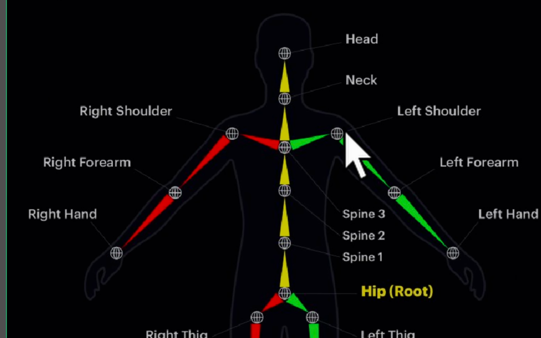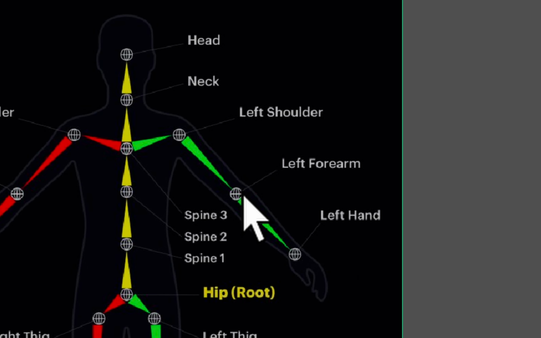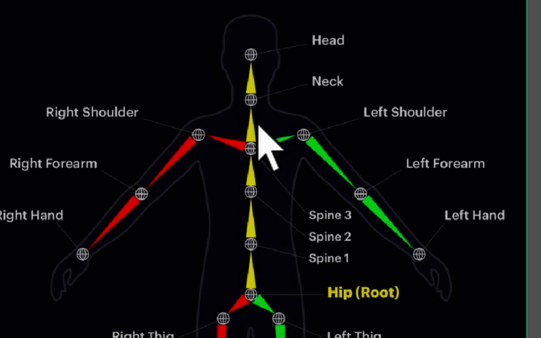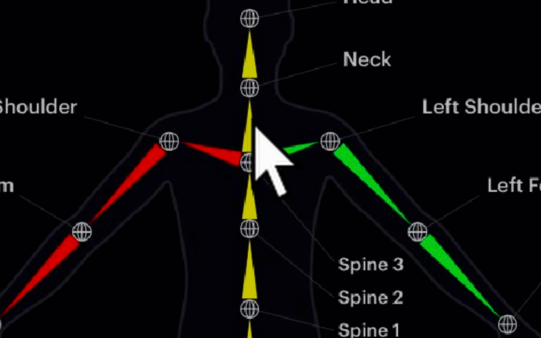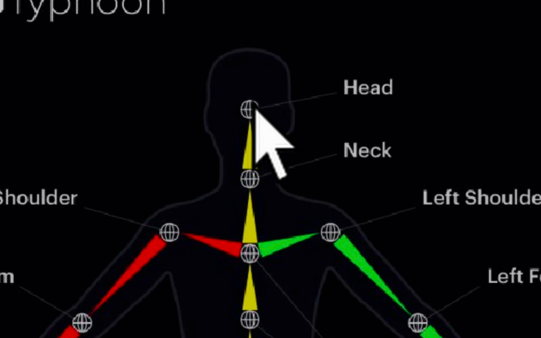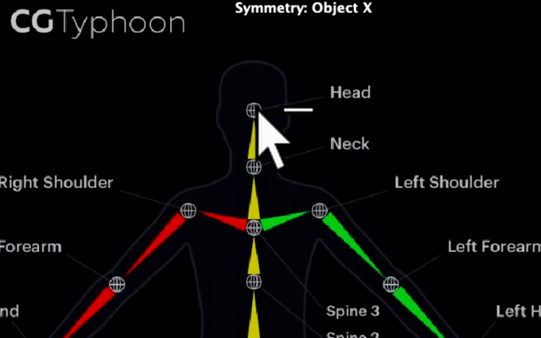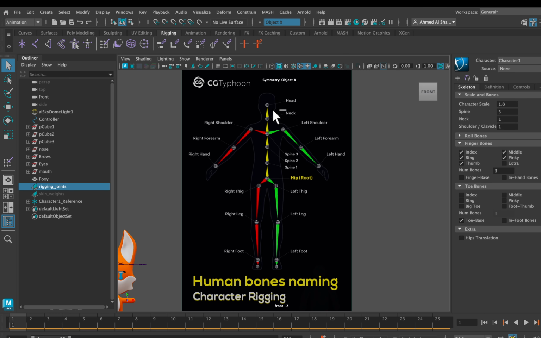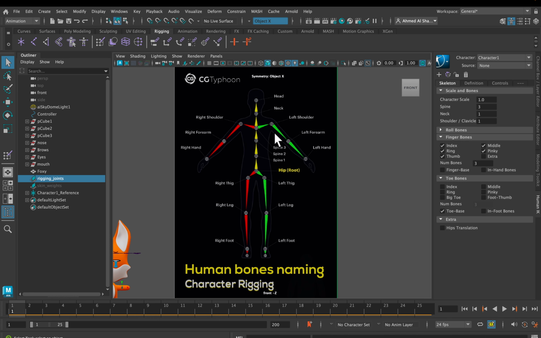We have the left shoulder, we have the left forearm, and we have the hand. And we also have this bone right here, which connects to the neck, and then that connects to the middle of the head. So this is how we're going to position our joints.